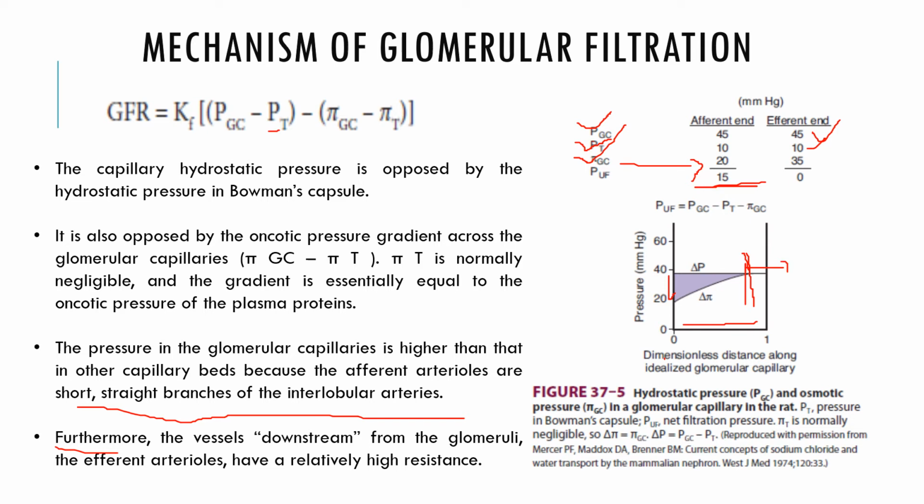So we can increase the surface area for filtration if the renal blood flow or renal plasma flow is increased. This is why GFR increases with increase in renal blood flow, and exchange across the glomerular capillary is flow limited rather than diffusion limited. As we increase the flow, we can increase the filtration. That's why it is flow limited.